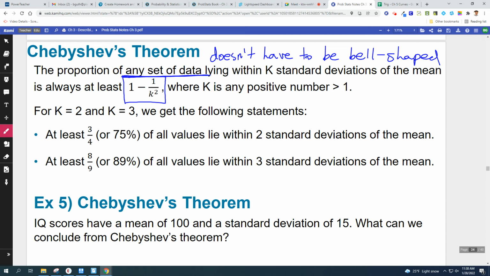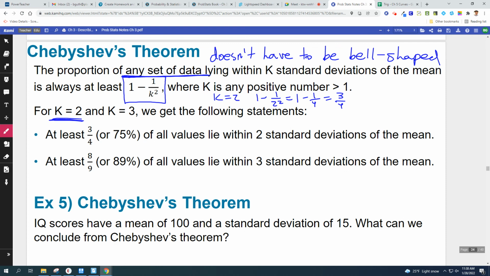So think about k equals 2. If k equals 2, you'd have the formula 1 minus 1 over 2 squared. That's 1 minus 1/4, which is 3/4.